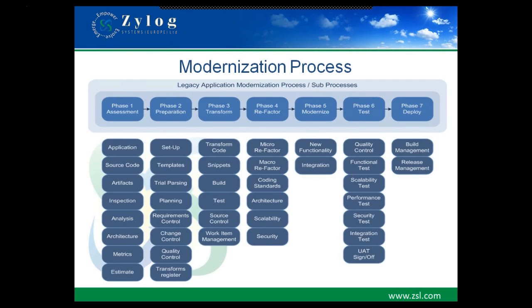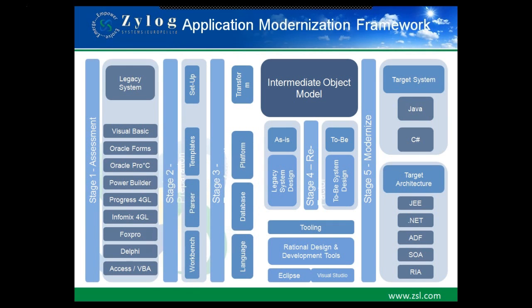Okay. So this is all about our 7-phase modernization process, which is a well-thought-out process and which has been changed over the years based on our practice, based on our learnings, to make sure that we touch upon every aspect of SDLC and modernization so that we don't miss anything.